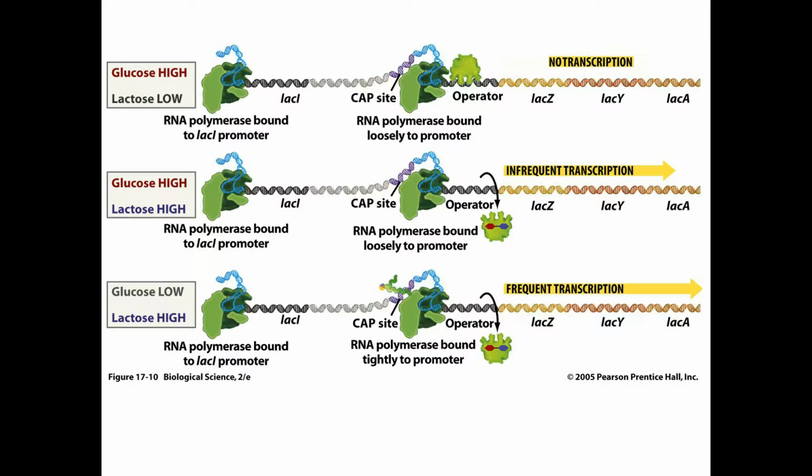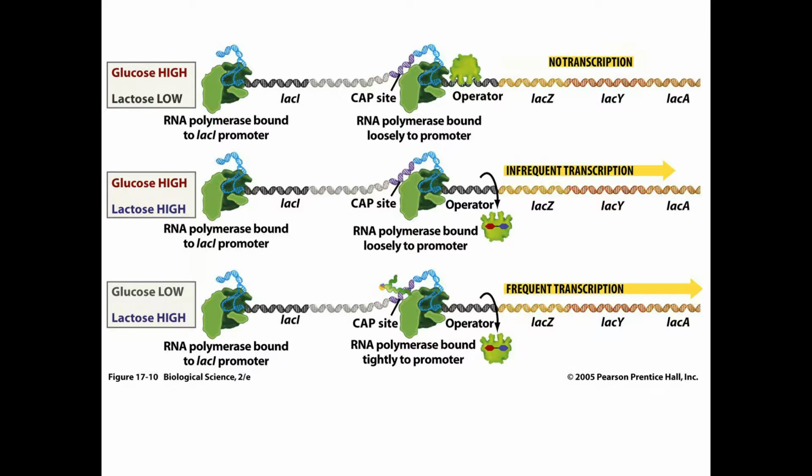Now what if you have high concentrations of glucose and lactose? Well, think about it. Some of your operators for this lac operon are going to be bound by lactose. Some aren't. So you're going to have infrequent transcription of this gene sequence of the lac operon.